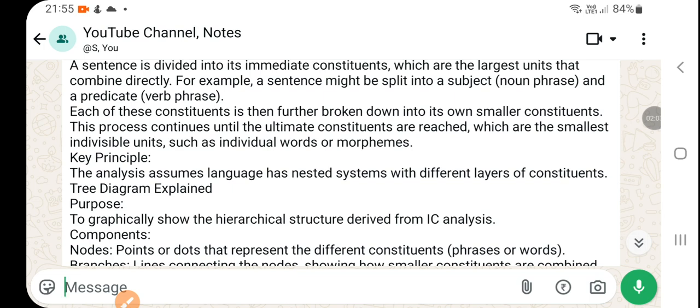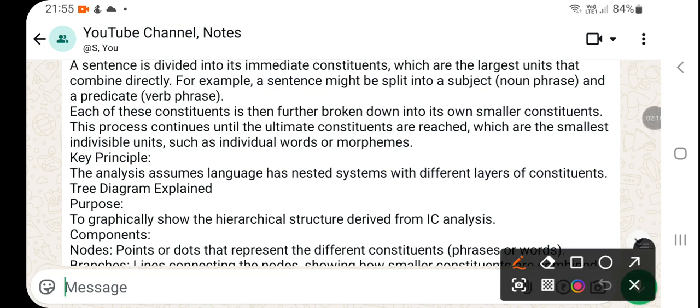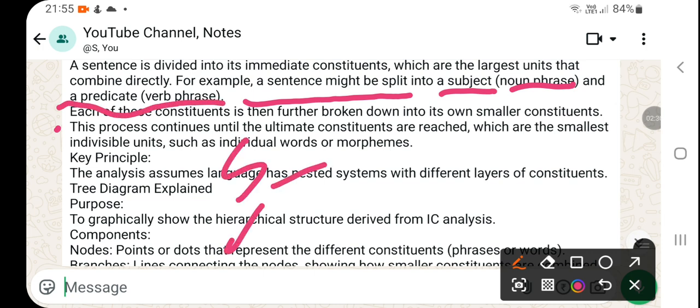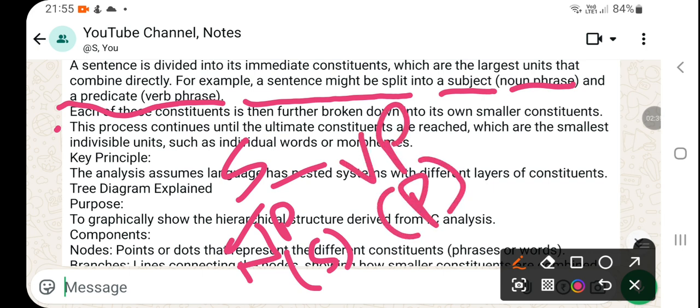For example, a sentence might be split, right, into the subject, noun phrase, and predicate, verb phrase. So that's a sentence divided into noun phrase, this is called subject, and verb phrase, this is called predicate.